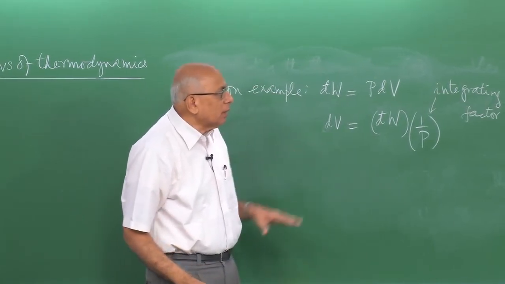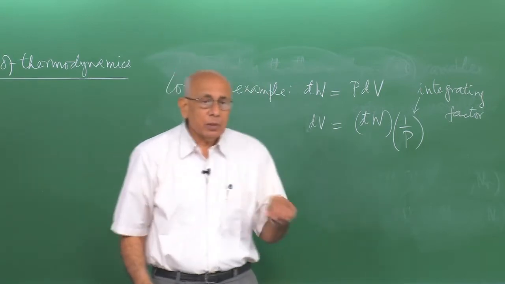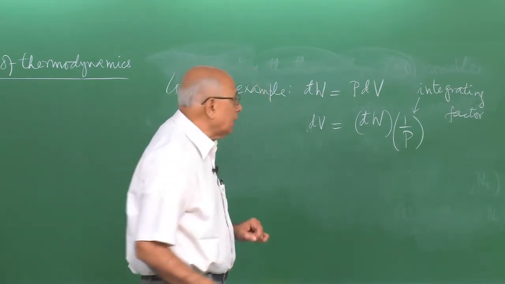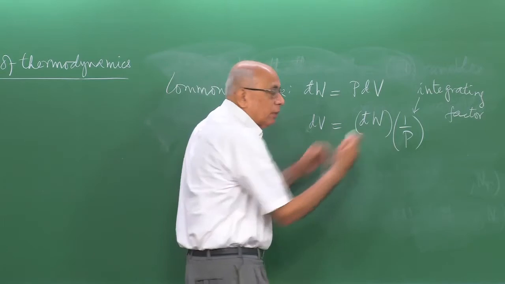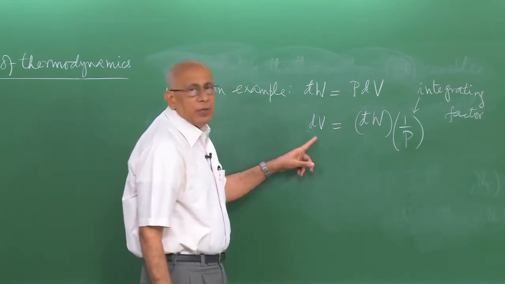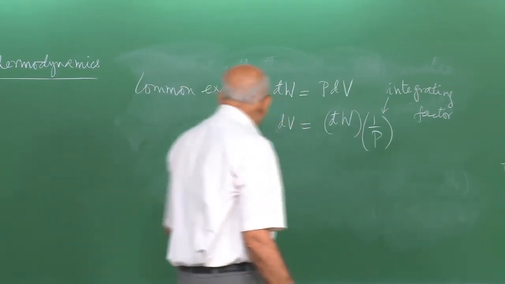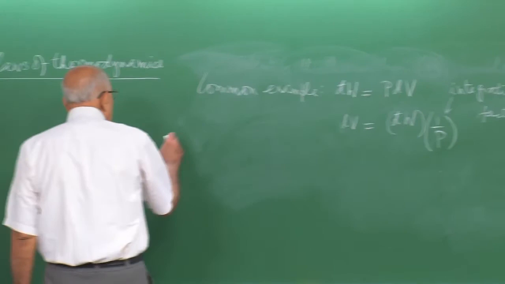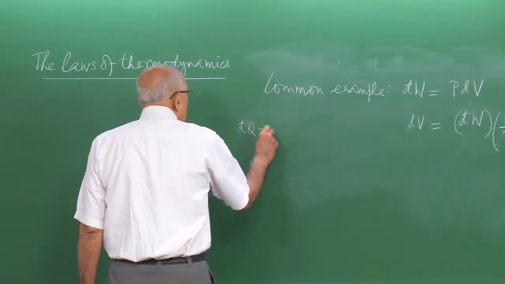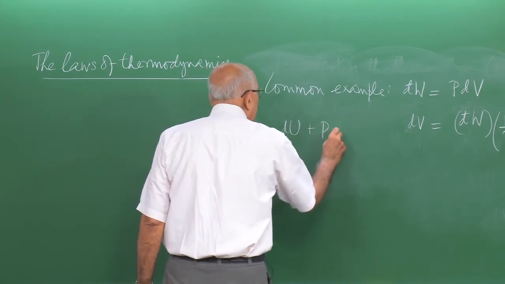So the statement in general is that when you have an imperfect differential, it might be possible to multiply it by an integrating factor, which is itself some function of some thermodynamic variables, which will make it a perfect differential. So the way the first law is written in general for this case of a gas, for instance, is dq equals du plus P dV.